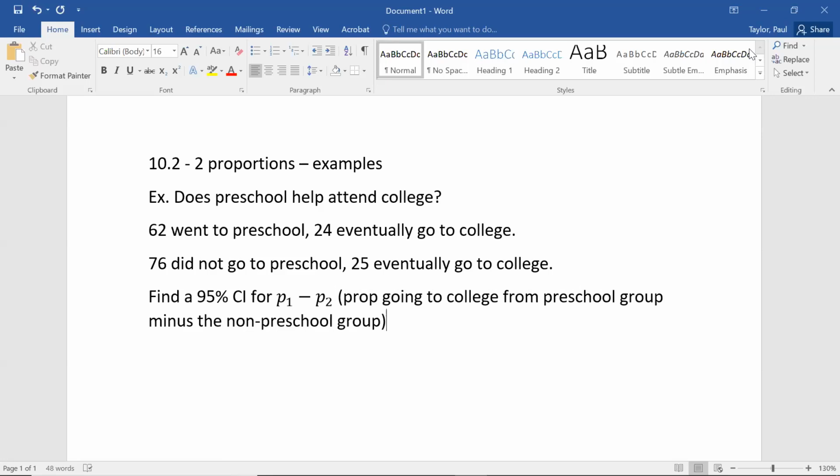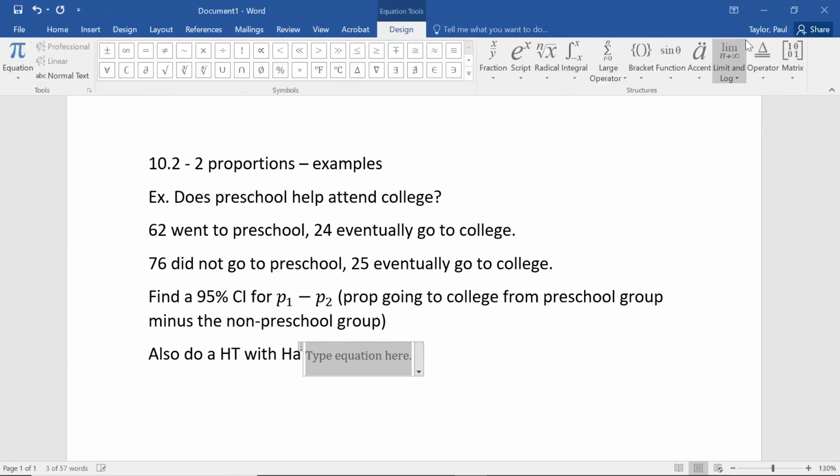Okay, so I am going to run this entire thing in Minitab, and as long as we're doing this, why don't we run a couple hypothesis tests? So let's also do a hypothesis test with alternative hypothesis not equals to start.